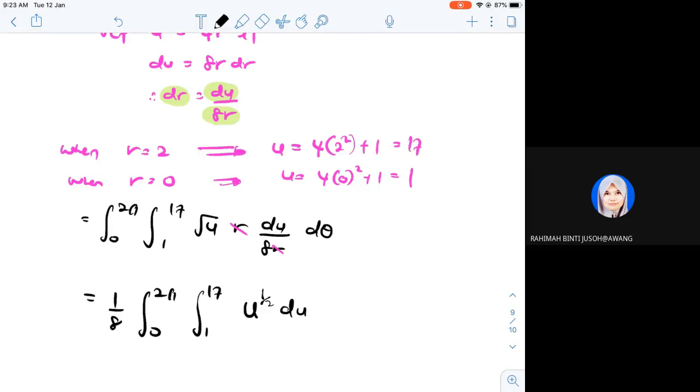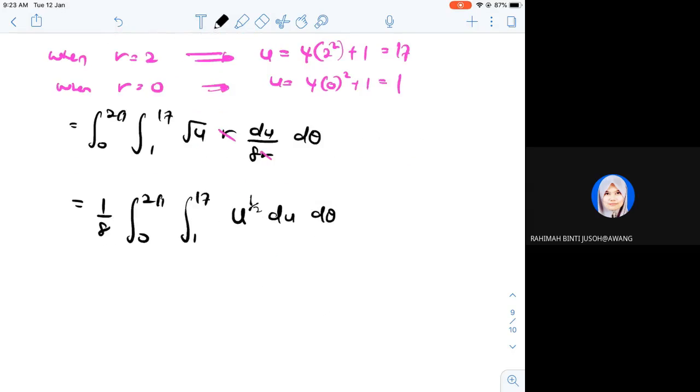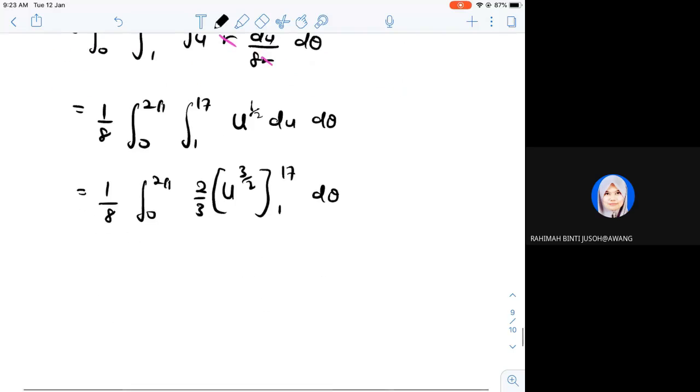Integrate du, d theta. So u to the power of half becomes, from 0 until 2 pi, u to the power of 3 over 2, isn't it? 1 over 2 plus 1, so over 3 over 2, it becomes 2 over 3. Like this. So substitute 17 and 1, d theta.